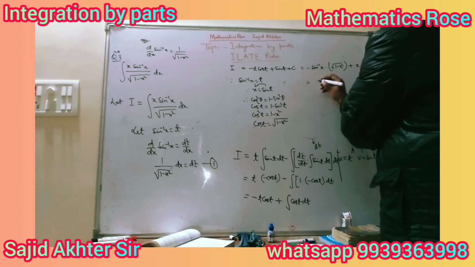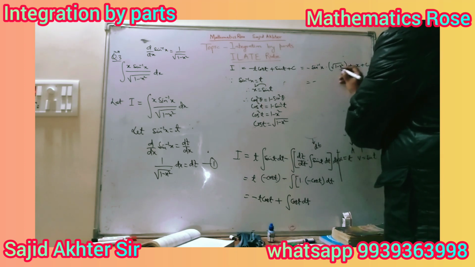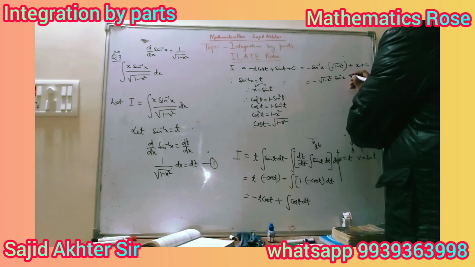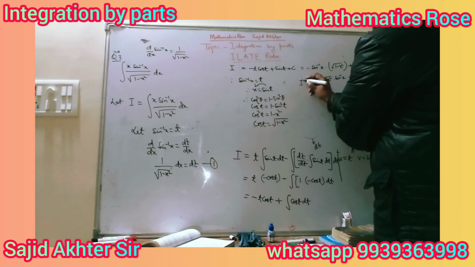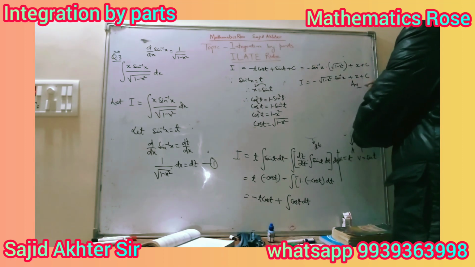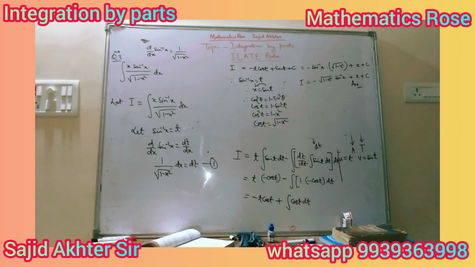Now we can write here minus, this is taken as first, so root under 1 minus x square sin inverse x plus c. So this is the answer of the given question.